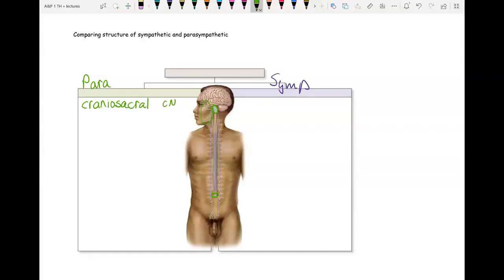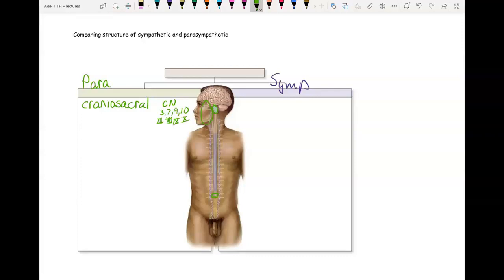So this is cranial nerves 3, 7, 9, and 10. We do that in the Roman numerals. There's the 4 cranial nerves that have parasympathetic function.